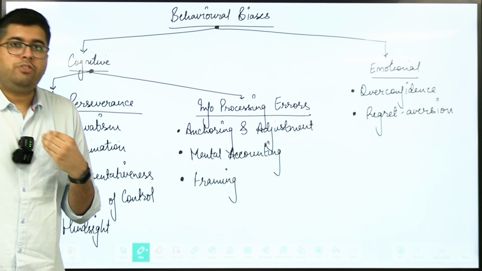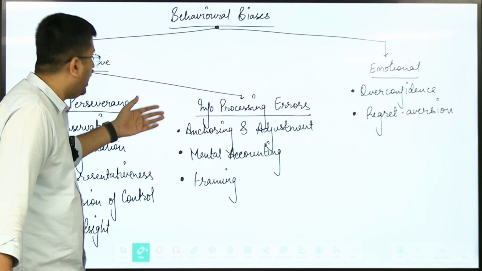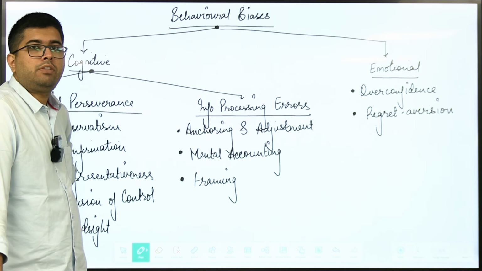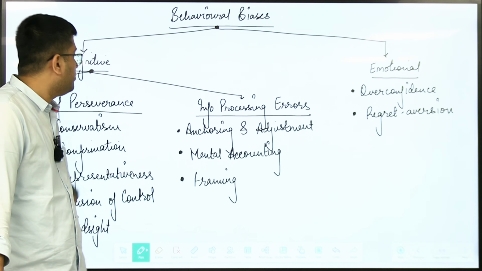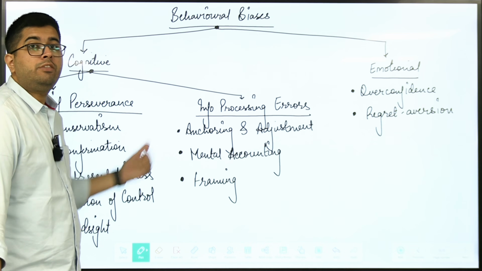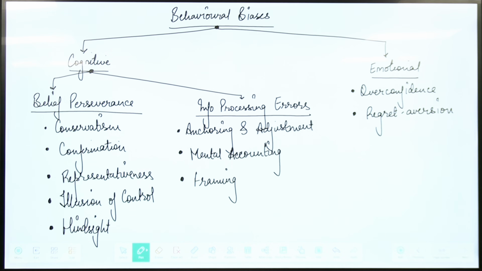So we as humans are influenced by how information is presented to us. So that is called framing bias. If we want an unbiased approach, then we should be focusing on information, not how it is presented. But the fact that humans are influenced by how the information is presented, that is referred to as framing bias.